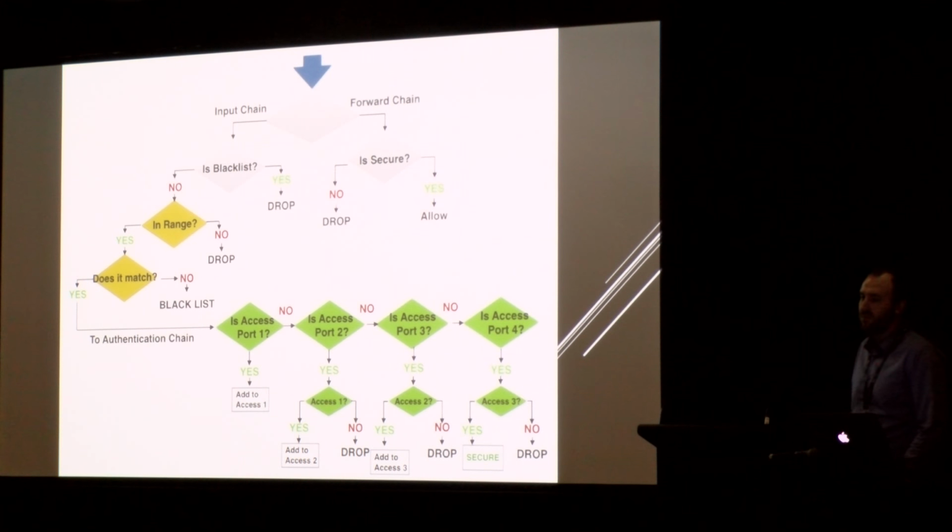Otherwise, they're just dropped. But if you look at what it takes to get onto the secure list, you have to get in the right range. You have to match the right port, and there's basically one way to get in, and that's by finding access port number 1, and henceforth you get to access 2, access 3, and then secure. It's very, very hard to do this just by chance.